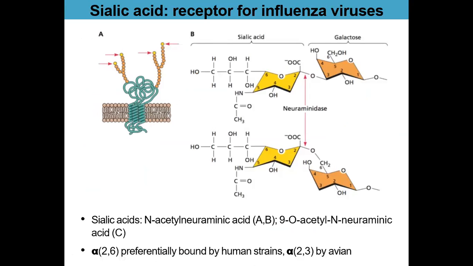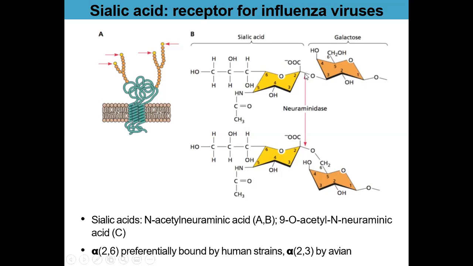So just one example, this is sialic acid. Sialic acid was the first ever receptor discovered, and this receptor is a carbohydrate, and it is the receptor for the influenza virus. Here you see the structure of the sialic acid, and neuraminidase is here.